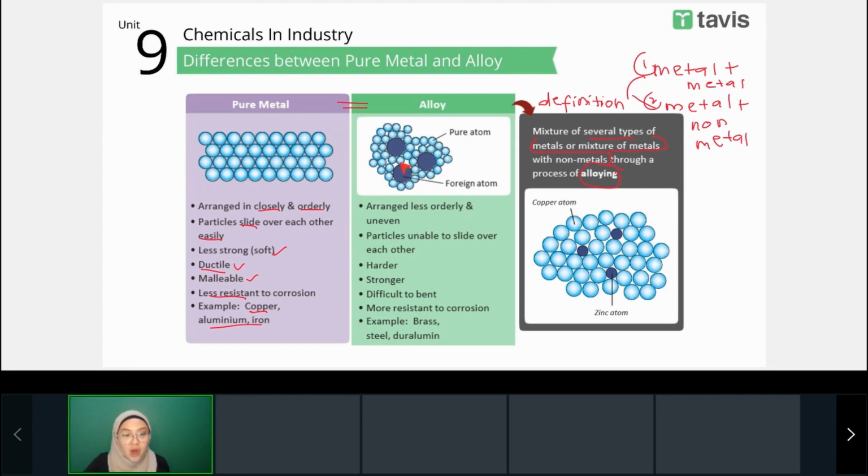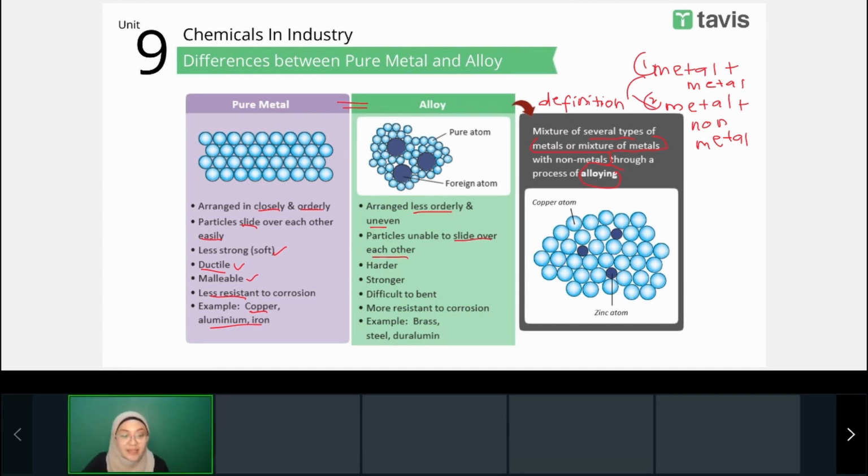We have a pure metal and we have a foreign atom, the mixture of two metals. So the arrangement will be less orderly. Just now in a pure metal we arranged in an orderly manner. So this one is less orderly, uneven.